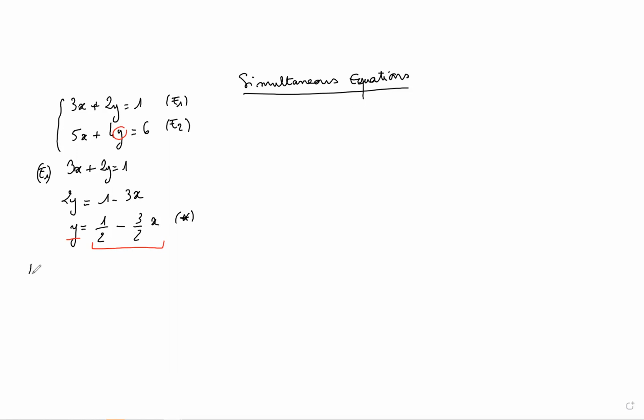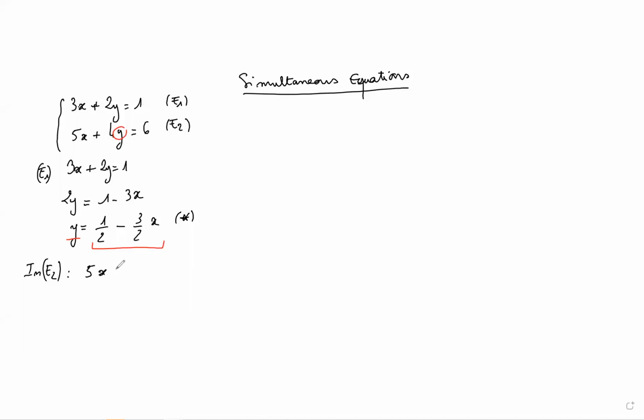Why do I use E2? Because I already used E1 for this. If I put it into E1, I would get a tautology, something like x is equal to x, something useless.